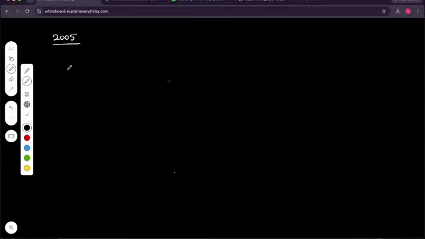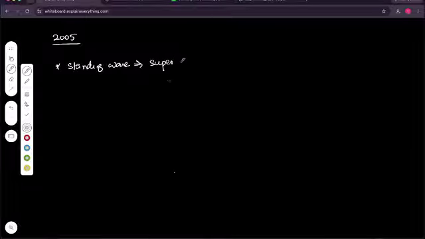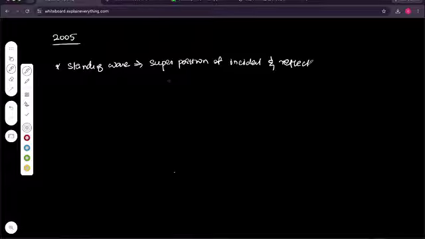So in a wire, we are going to have a standing transverse wave. How does a standing wave form? A standing wave is the superposition of incident and reflected wave. So in a stretched wire, we will have a transverse standing wave.